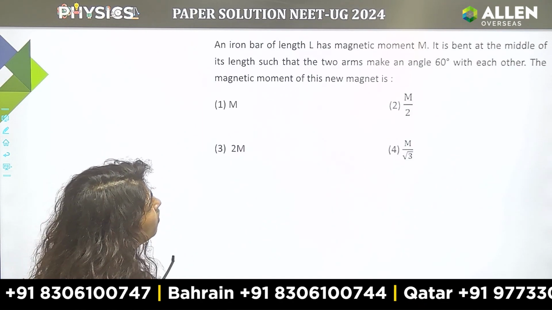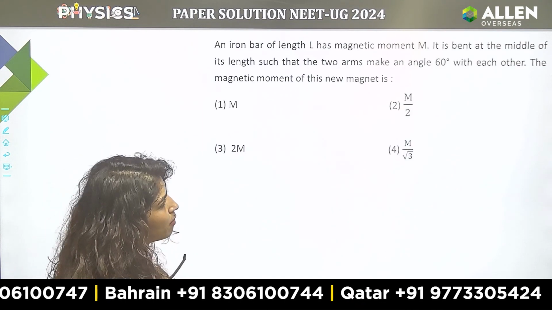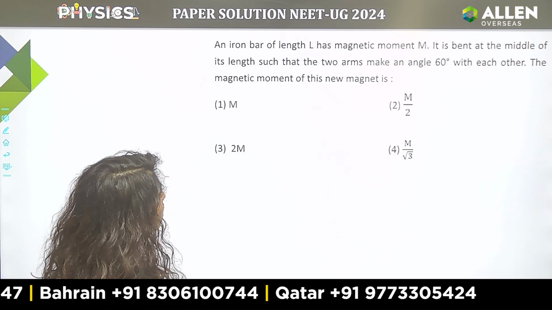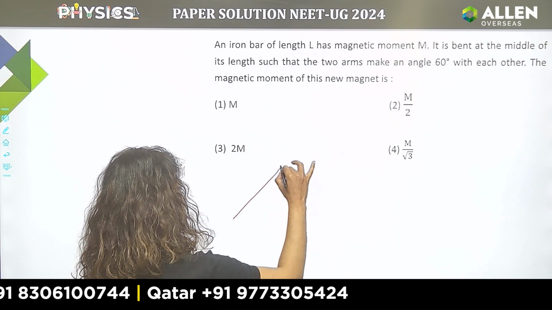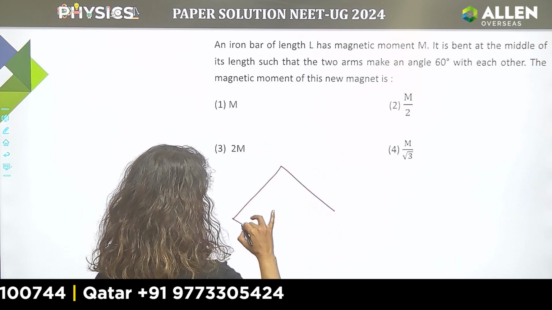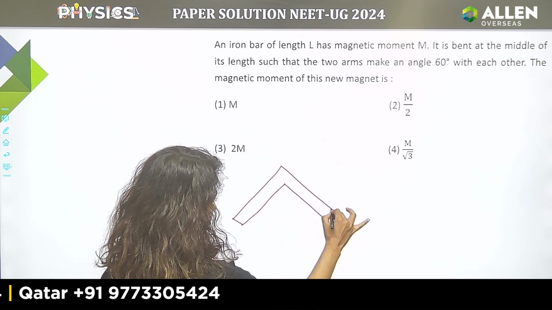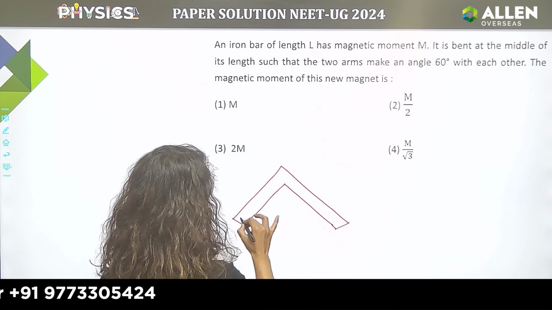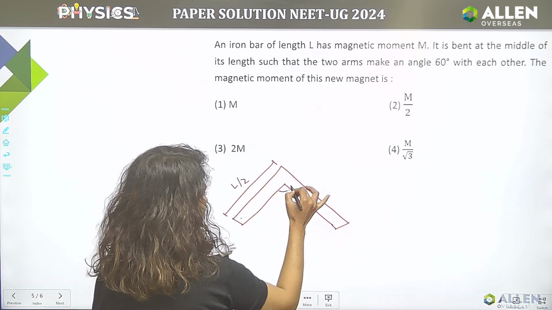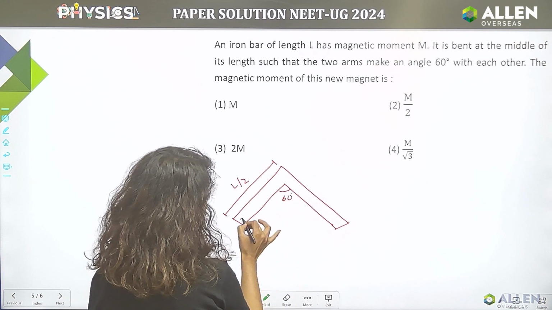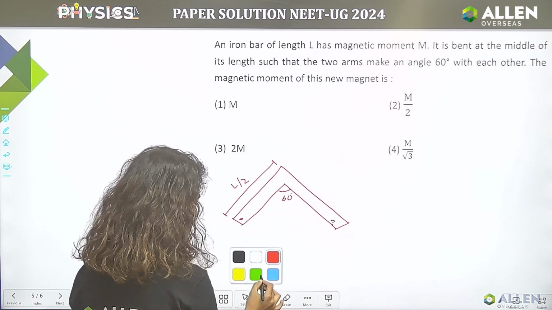Iron bar of length L has magnetic moment M. Bent in the middle such that the 2 arms make 60 degrees. Okay, so now the question says, this is how it is bent, such that this is L by 2, this is 60 degrees. Now the two ends, what would be the distance between them?